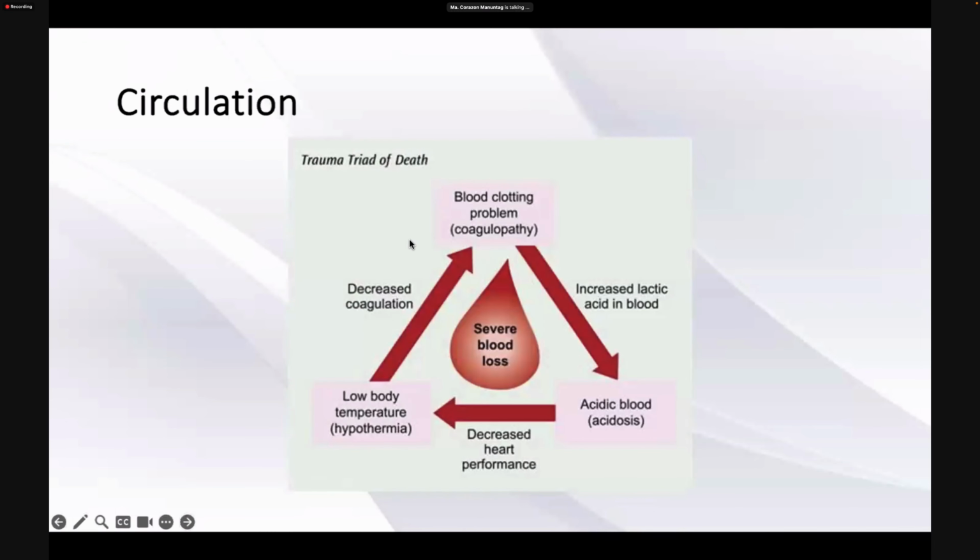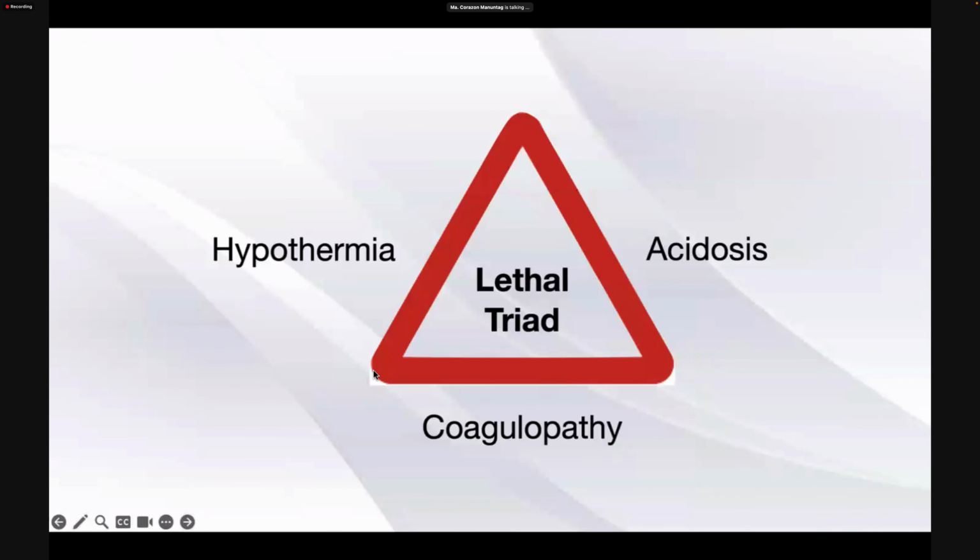Okay, so this was what I mentioned kanina. You have your trauma triad of death, which is actually your hypothermia, coagulopathy, and acidosis. At this point, when you reach these parameters, hypothermia, acidosis, and coagulopathy, the chance of mortality is raised 10 times. So, ang goal natin, hindi tayo makaabot dyan. Kaya nga, nagre-resuscitate tayo before another insult.